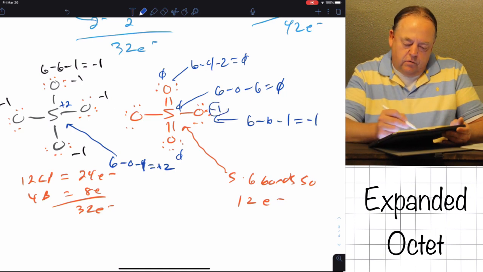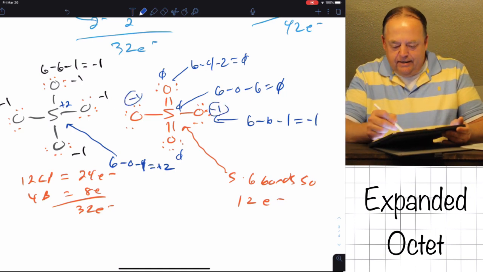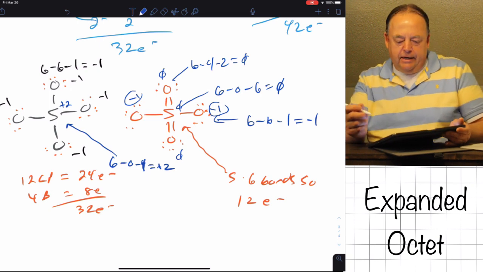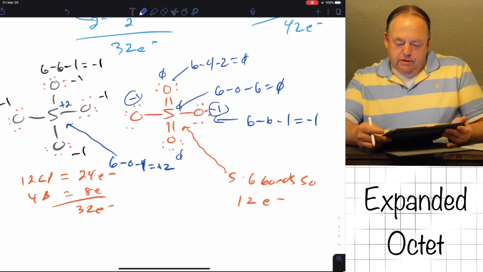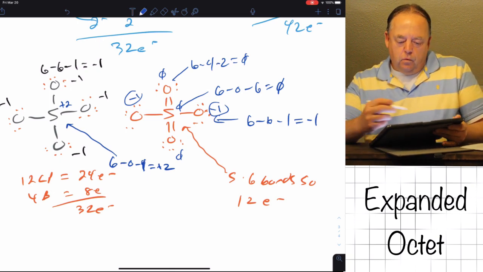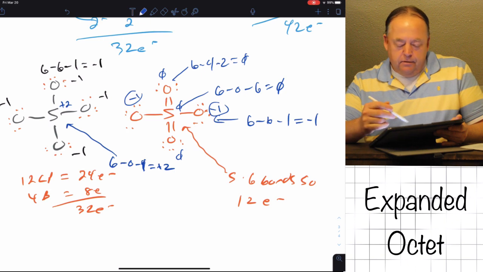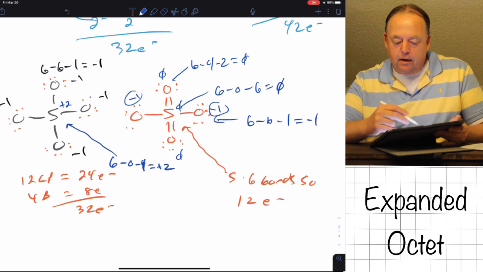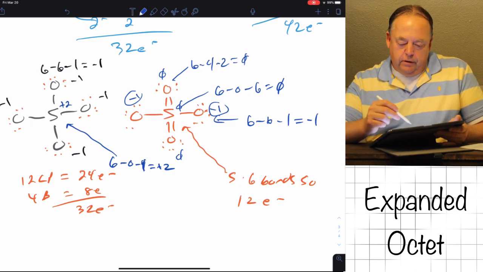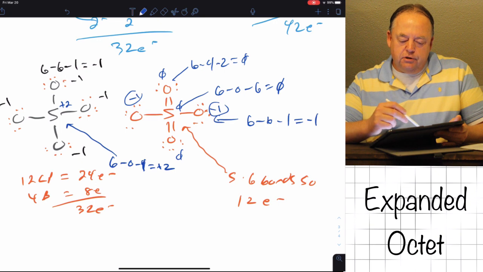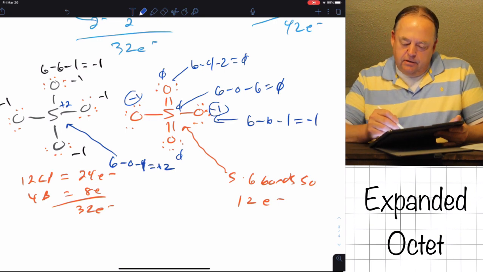And that oxygen looks identical, 3 lone pairs and 1 bond, so it would be -1. So based on that, which structure is better? Well, if you remember, the one that has the minimal formal charges is a better structure. So the structure on the right is the better structure, and that's why SO4 2- would typically be drawn like that. And if you notice again, the sum of formal charges is 2 negatives, so that would be a net 2-.